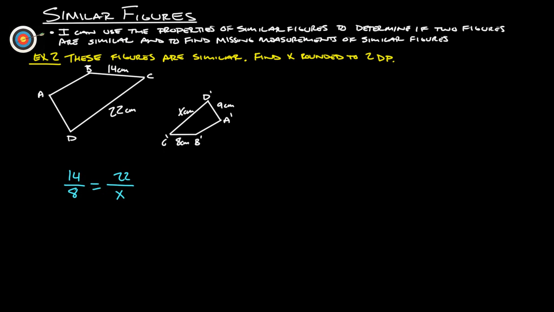One other quick thing on this here, 14 and 8. These here are the BC sides. So both of those are BC. And both 22 and the X, these are both DC. So this is just another way to check to make sure you're getting all set up right.